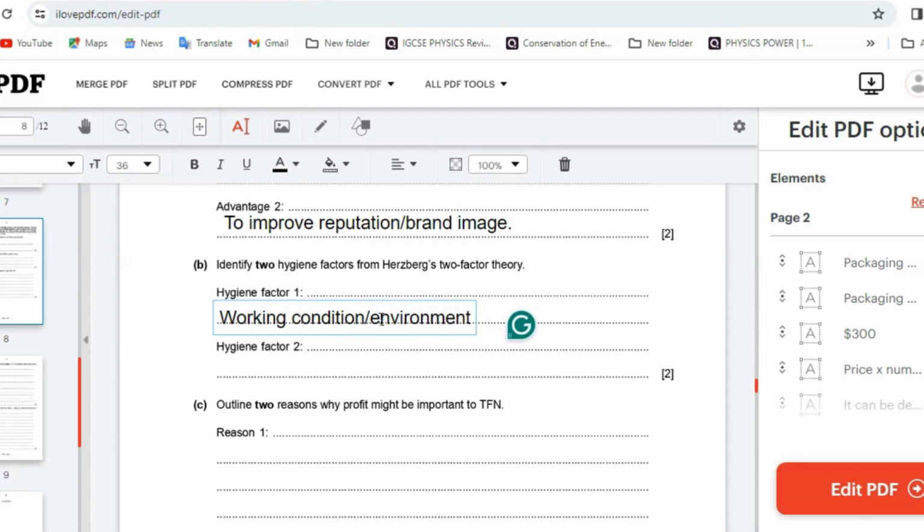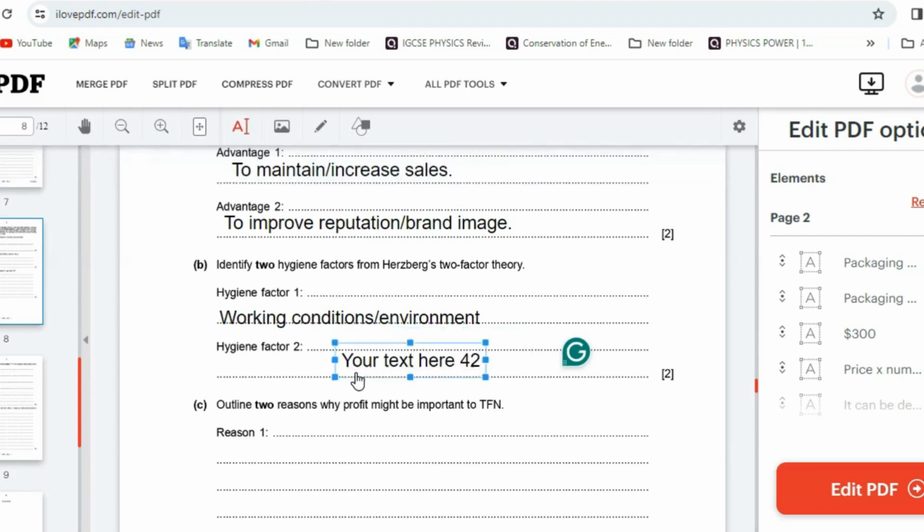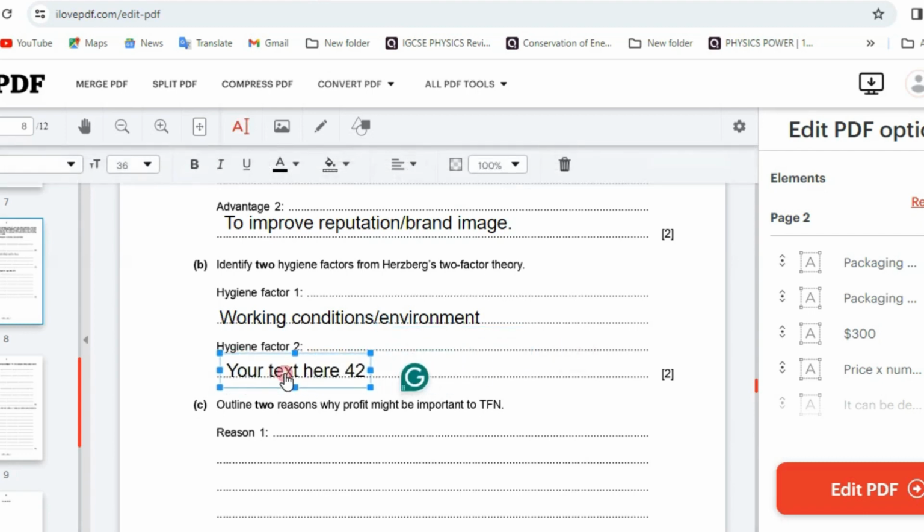And the second one that you remember is salary or wages, which is also part of Herzberg's two-factor theory. Don't forget, we have Maslow's hierarchy too, but we are just told to identify two hygiene factors from Herzberg.